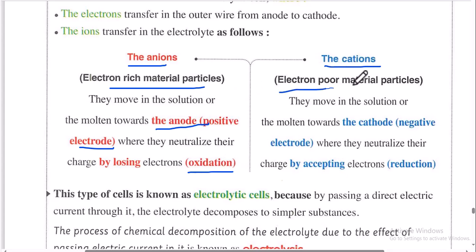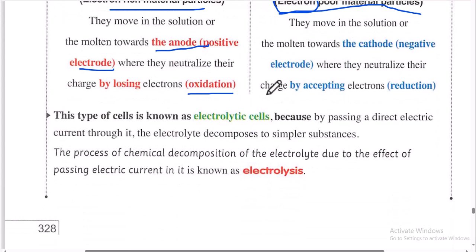They are poor in electrons, so they move towards the cathode to neutralize their charges by reduction, by accepting electrons, and to undergo the reduction process.